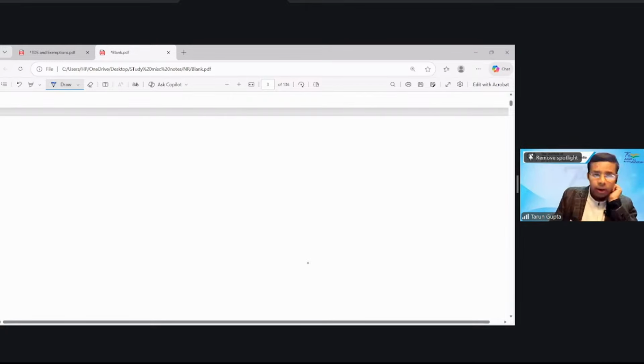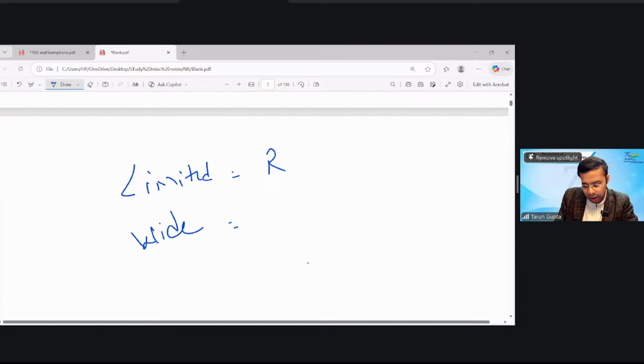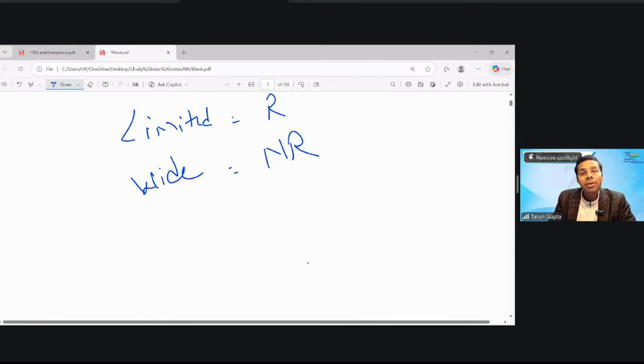If you see, the scope of TDS is limited in case of resident, but it is very, very wide. Every payment which is taxable is subject to TDS in case of NR. Why? Because the government has a fear that a non-resident may receive an income and he may disappear.